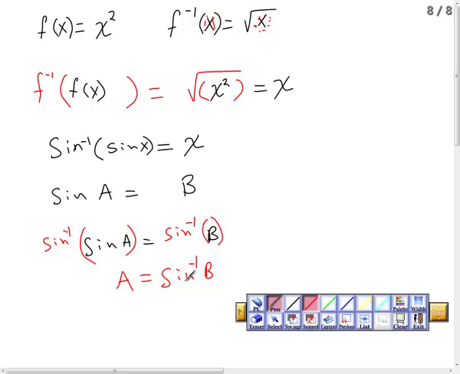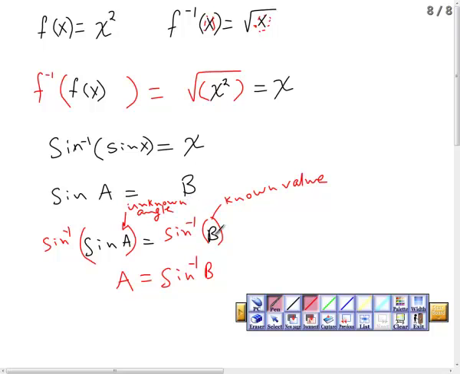And we do this when we don't know what the angle is, but we do know what the value is. We have a known value, but an unknown angle.